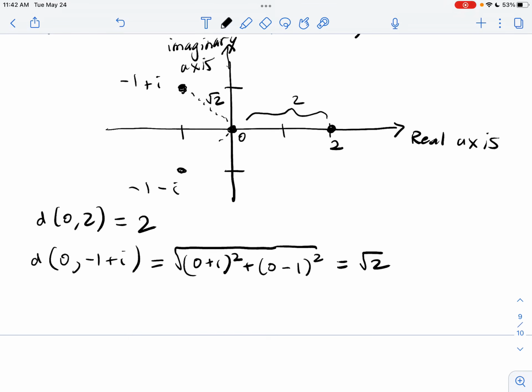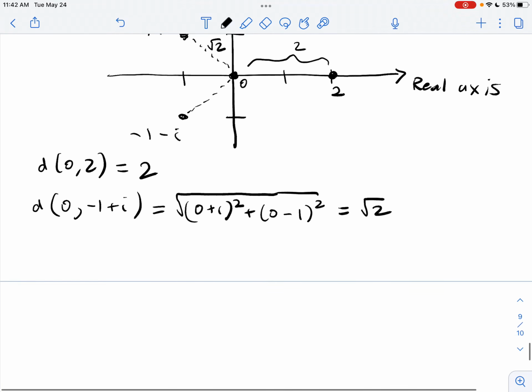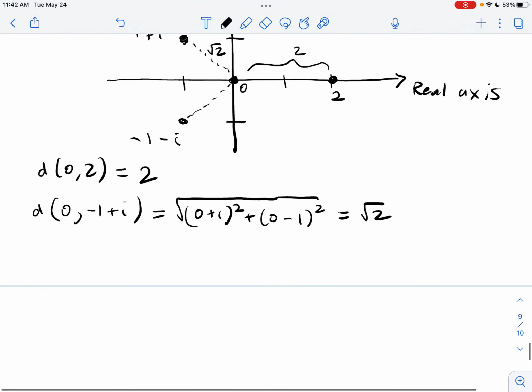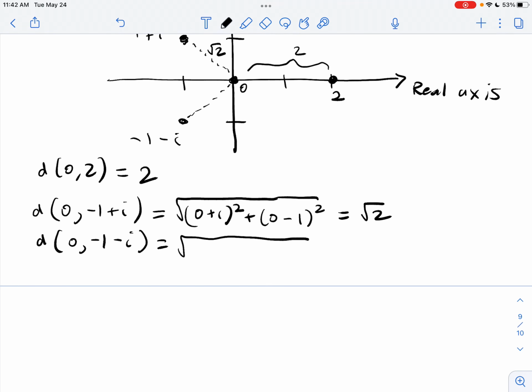So this is the square root of 2, and this guy, we know it's going to be the same thing here. The distance from 0 to negative 1 minus i, just from looking at the picture, we can tell it's going to be the same, but it's okay. We can just use the formula again. We end up with 0 plus 1 squared plus, and then this is going to be 0 plus 1 squared.